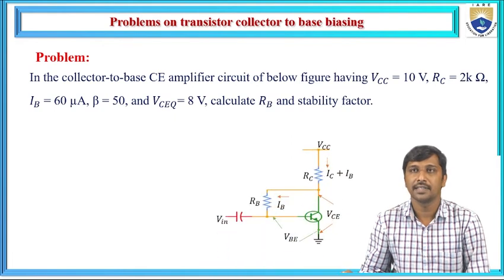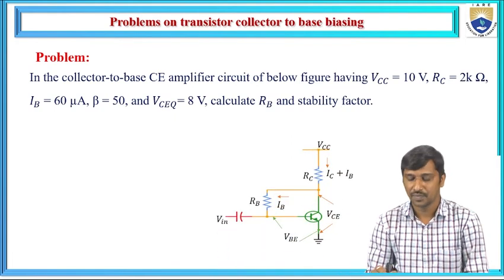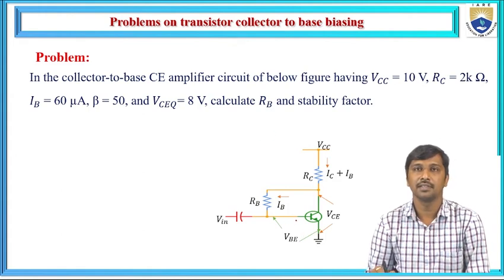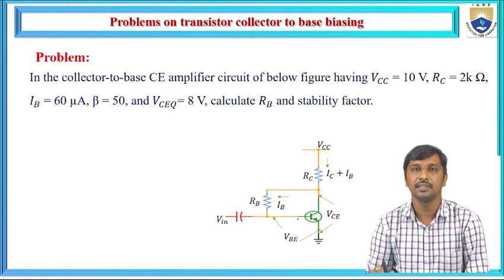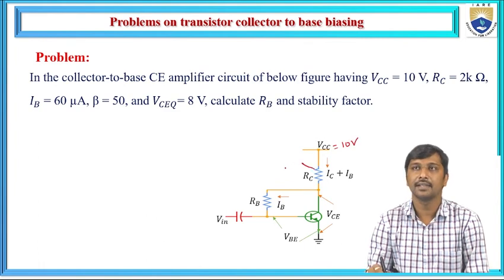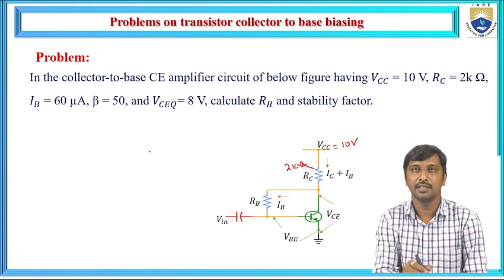So for this case, this is the given figure for this problem statement. If you observe this figure, it satisfies the collector to base biasing configuration of the common emitter transistor or CE amplifier. In this collector to base biasing, they specify that VCC is 10 volts and the collector resistance is 2 kilo ohms, and they mentioned the base current.